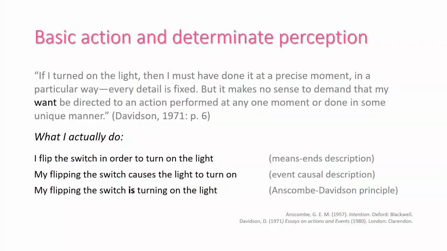So here's Davidson talking about the issue. If I turn on the light, then I must have done it in a precise moment in a particular way. This is the actual behavior of the active body, so every detail there is fixed. But it doesn't make any sense to demand that my want, my desire, my planning process be directed to an action performed at any one moment or done in any unique manner.